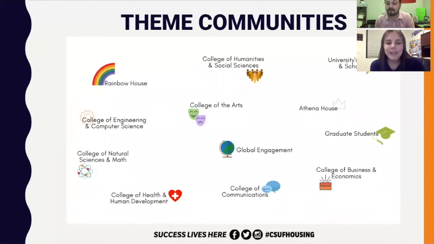One of the great amenities in housing is that we provide theme communities that help connect residents to their shared interests and beyond. In what we know to be a normal year, so like last year, we offered 12 theme communities.